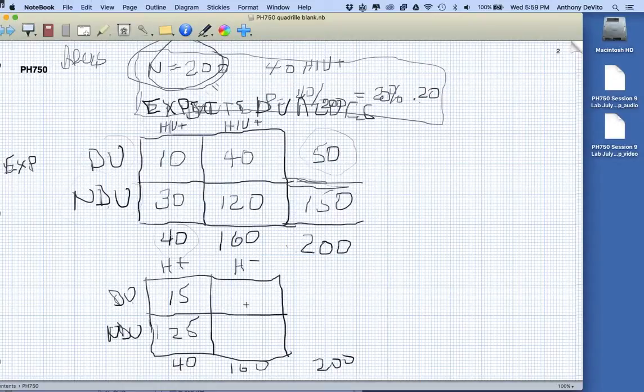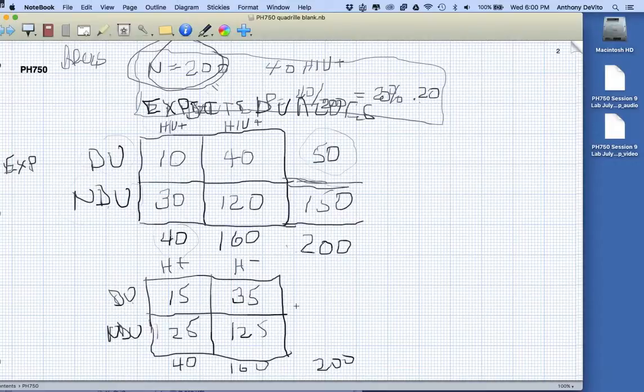Now similarly, what about the 160? Let's say that winds up being 35 that are HIV negative drug users, and 125, because we still have 160 people in this study that are HIV negative, and 125 are HIV negative non-users.